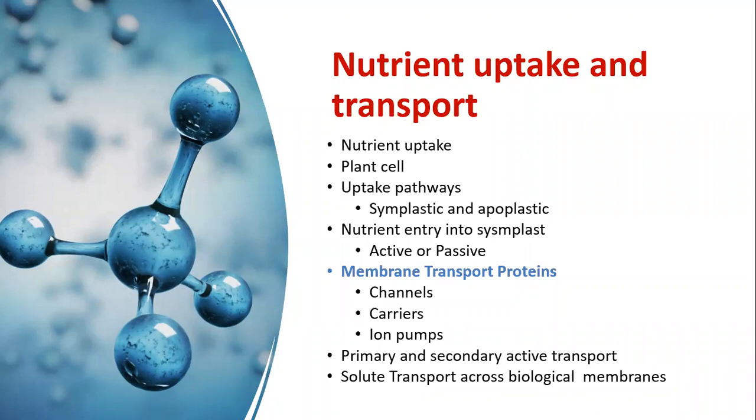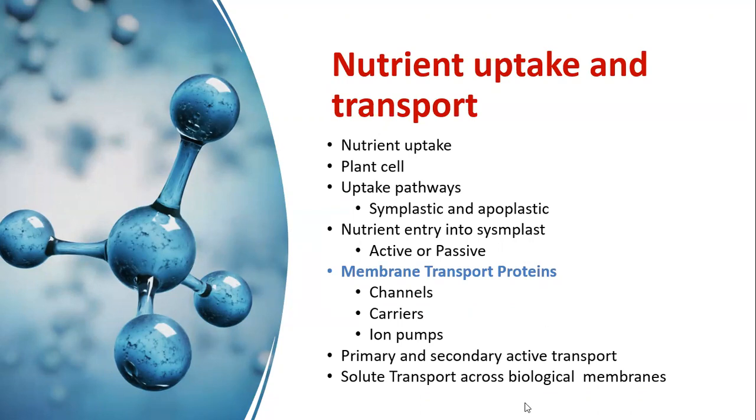So these are also barriers because they are specific, and not all ions can pass through these proteins. But many ions can pass through, because they are either specific to one ion or they may be specific to more than one ion.